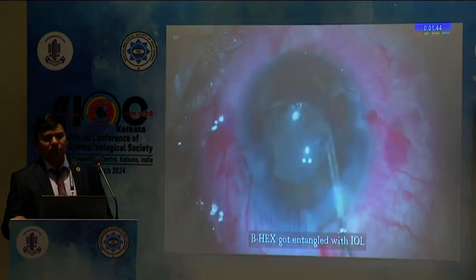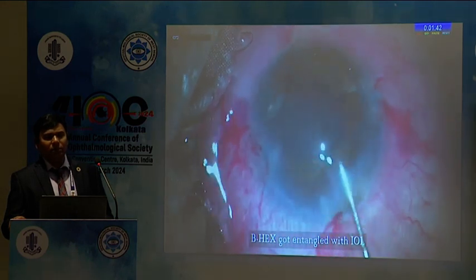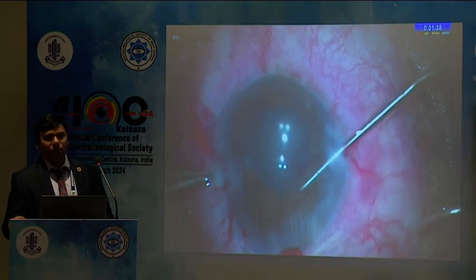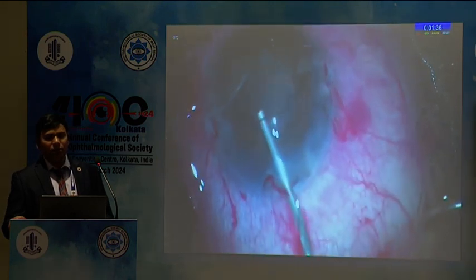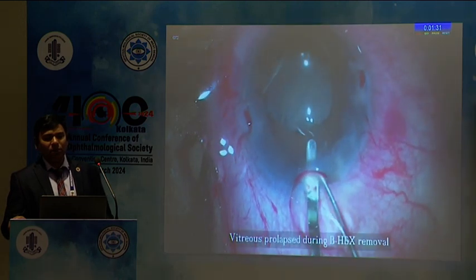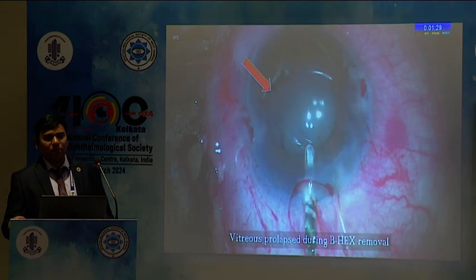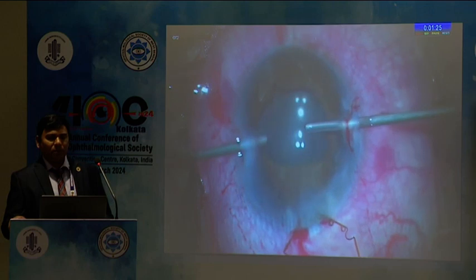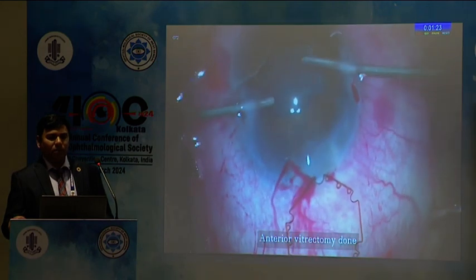But unfortunately, the B-hex ring got engaged with the IOL. So I decided to remove the B-hex ring. By removing the B-hex ring, I noticed some vitreous prolapse. Some vitreous was seen to be pulled. So I had to do an anterior vitrectomy.